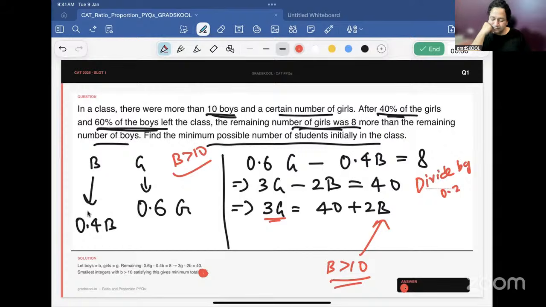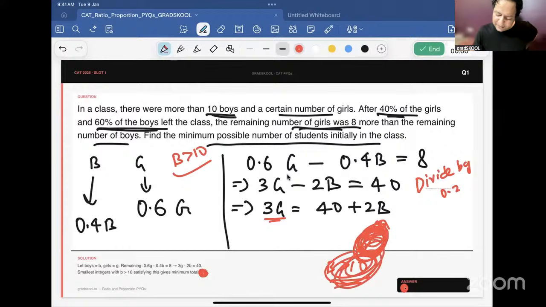Tell me the correct answer now. 35. Okay. What is the value?